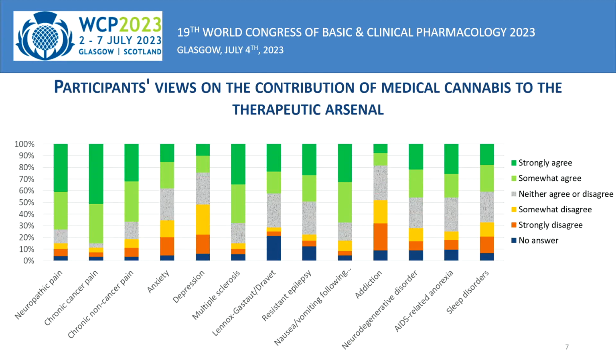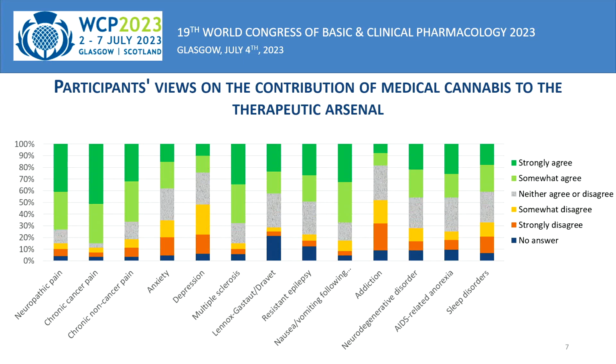This graph presents the participants' views on the contribution of medical cannabis to the current therapeutic arsenal. Here you have the green areas which correspond to agreement, roughly, gray areas to no opinion or balanced opinion, and orange areas corresponding to disagreement.